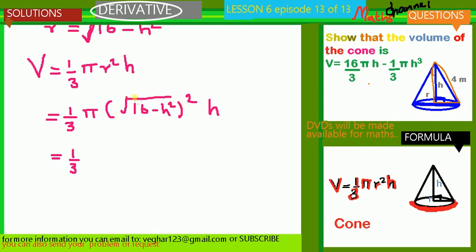Square this one, you have 16 minus h squared. And then multiplying by h inside, you'll have something like 1 over 3.